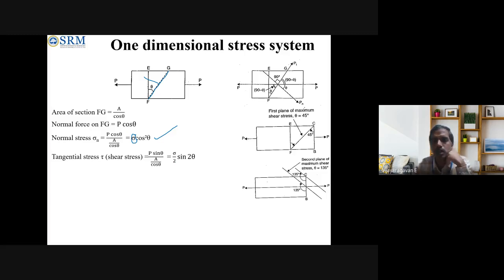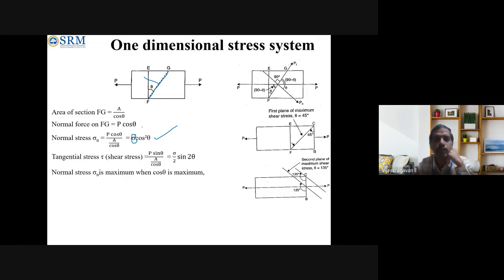So we have a normal force and a tangential force. The tangential stress is P sin theta divided by area, which comes to sigma by 2 sin 2 theta, because when you simplify this, it becomes sin theta cos theta. Sin theta into cos theta is nothing but sin 2 theta divided by 2. So that is written here for simplification.